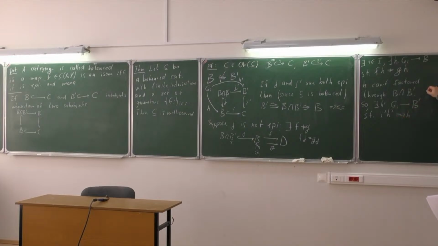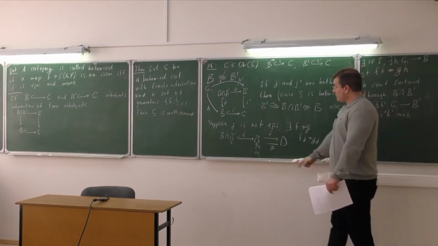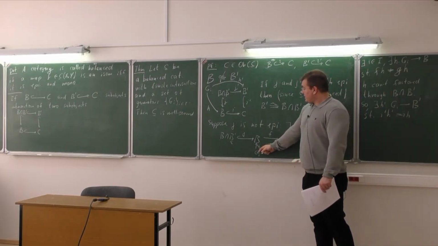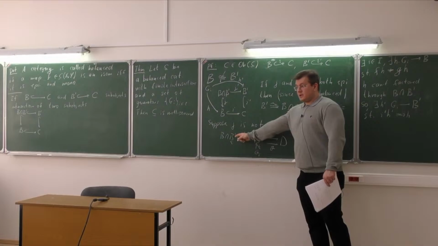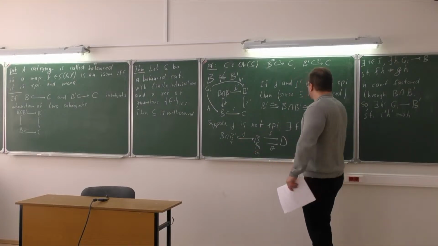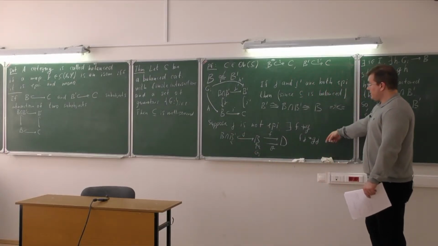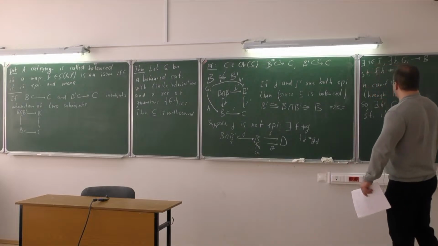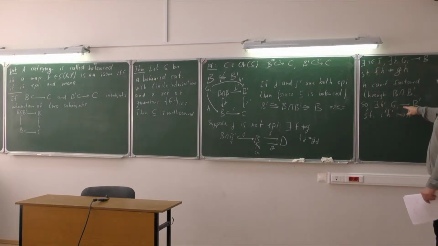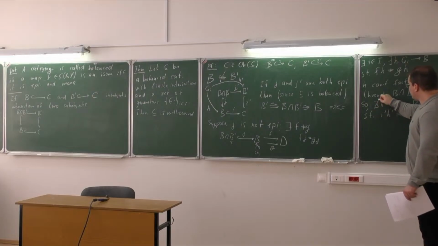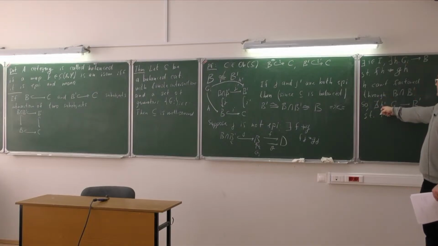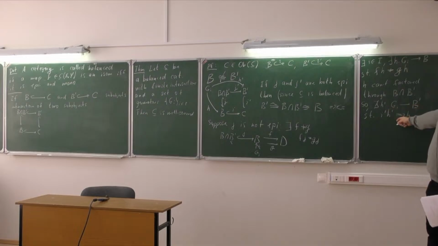Well, I'm just saying that I can find such an H, right? I know that I can't factor this H through the intersection. Now I claim that from the non-existence of such a factorization, I can claim that there is no such H prime with the property that they have this equality, right?